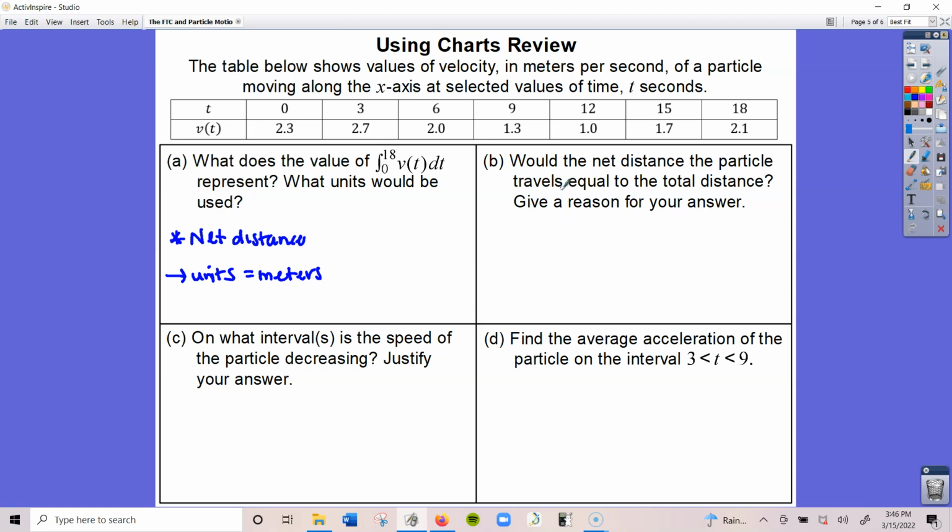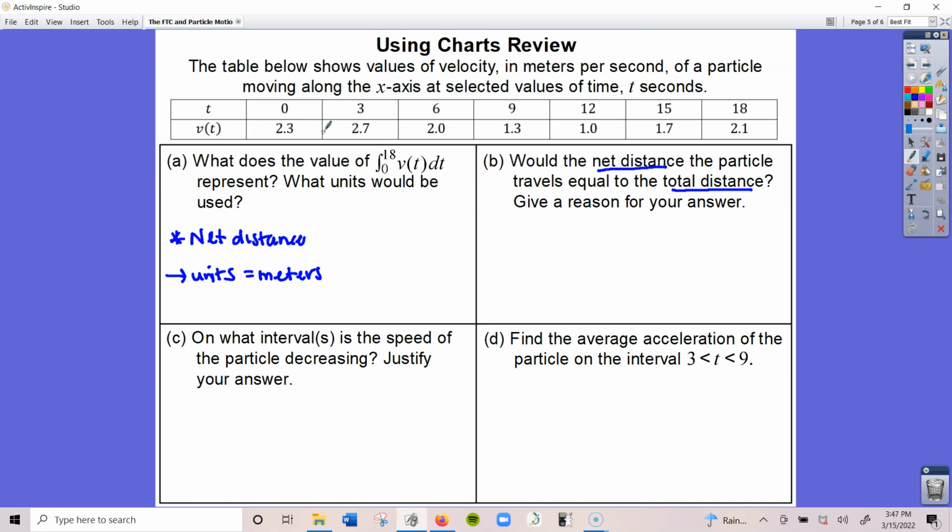For part B, would the net distance the particle travels equal the total distance, and give a reason for your answer. The only way of knowing whether net distance is going to equal total distance is if velocity changes signs, then it would not equal. But if velocity does not change signs, meaning the particle doesn't change direction, then net distance would equal total distance.